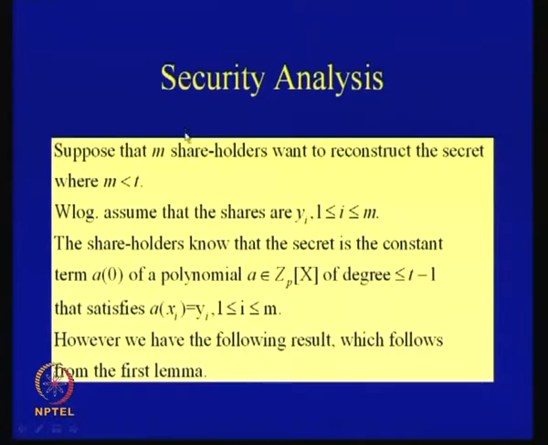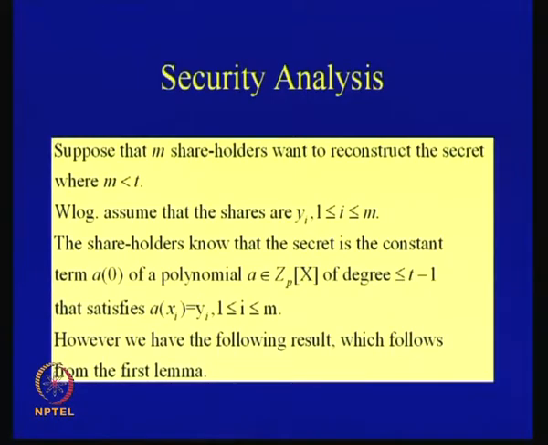Now, what we are essentially concerned with is the security analysis, that is, suppose a lesser number of people combine than t, then what is the information leakage, right. So, what we have found out is that if out of these n people, t people combine, then they know the secret, but if fewer than that combine, then what happens?